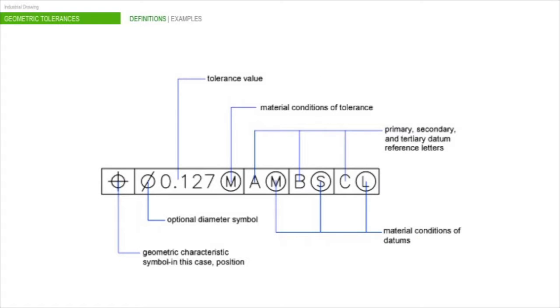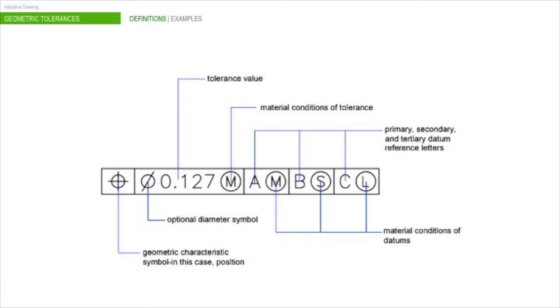Let's see now the parts of the geometric tolerance indication. The main part is the feature control frame, which is divided into compartments. The first one contains the type of geometric characteristic, such as true position, profile, orientation, and so on.